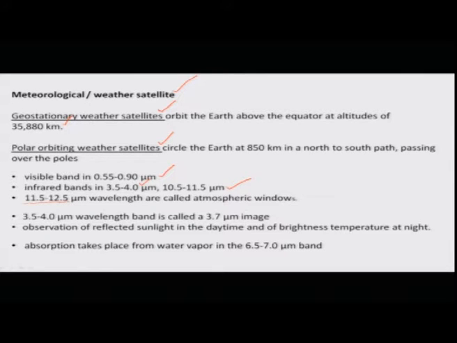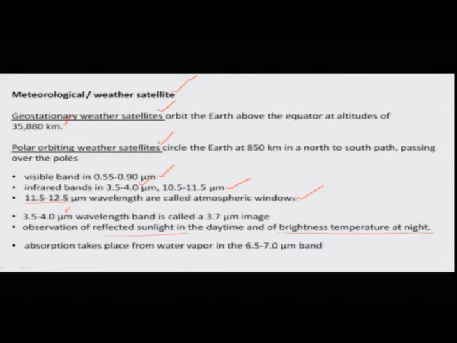This portion is called the atmospheric window, where the observations are reflected sunlight in the daytime and brightness at night time. This is what you can see from these wavelength bands.